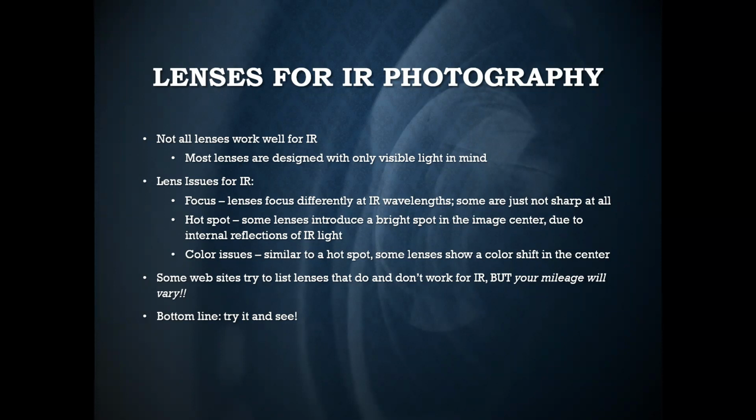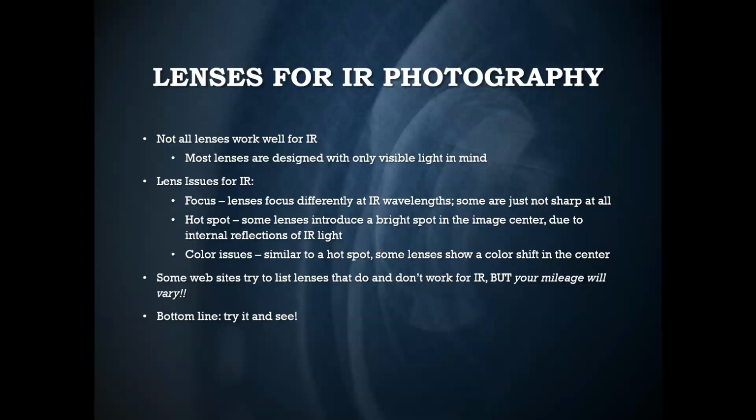I got them broken down into three, but they're really kind of two issues here. There are two issues that you will see with some lenses when you're trying to shoot infrared with them. One is focus. Some lenses just don't focus well at infrared, and all lenses focus a little bit differently than they do with visible light.